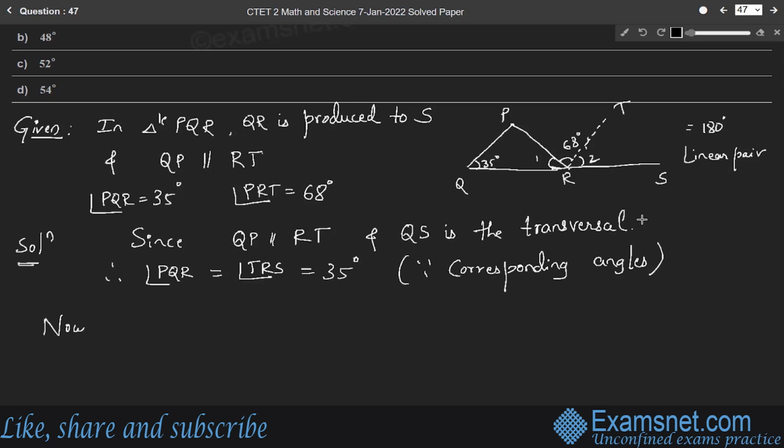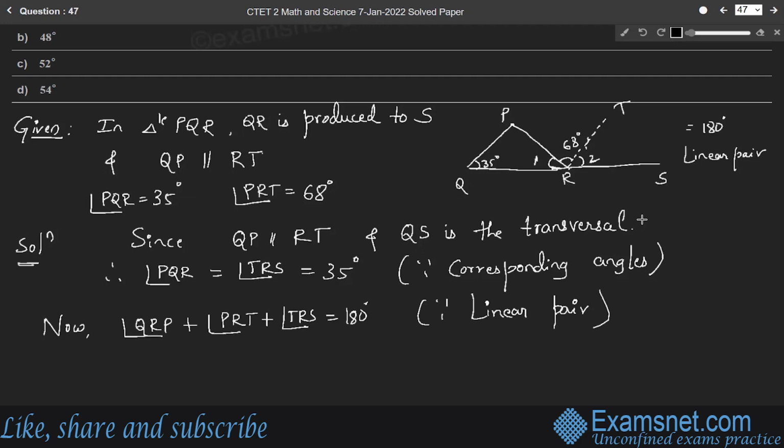Now, angle QRP, angle 1, this angle, right? Angle QRP plus angle PRT plus angle TRS is equal to 180 degrees because they are a linear pair of angles. Linear pair, right?